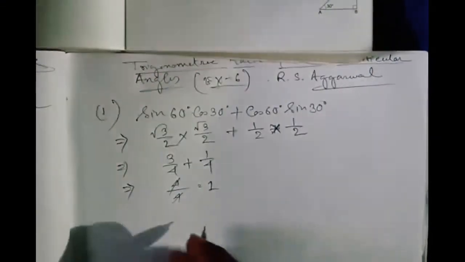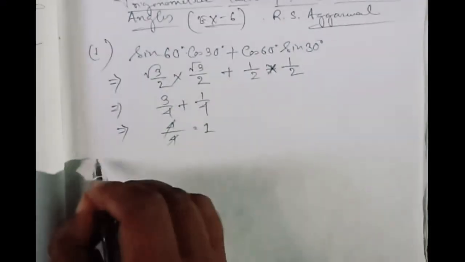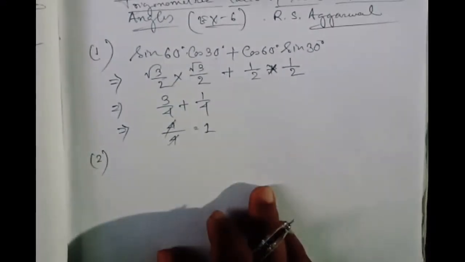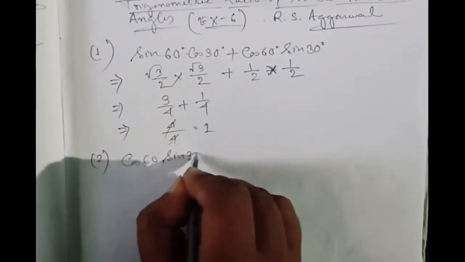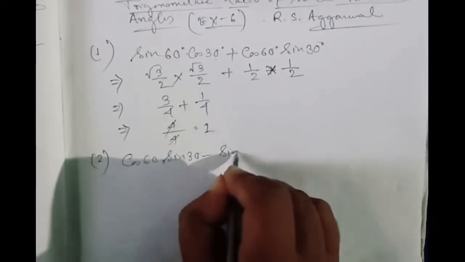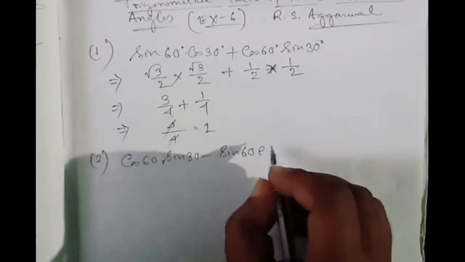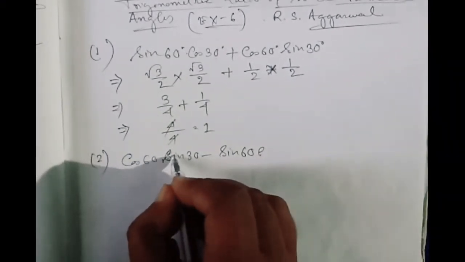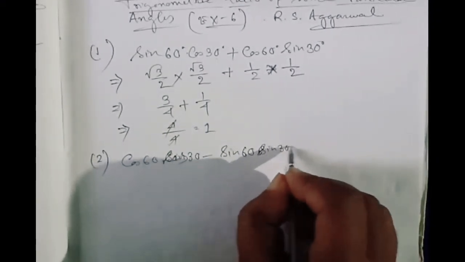Question number 2, that is cos 60 cos 30 minus sin 60 sin 30.